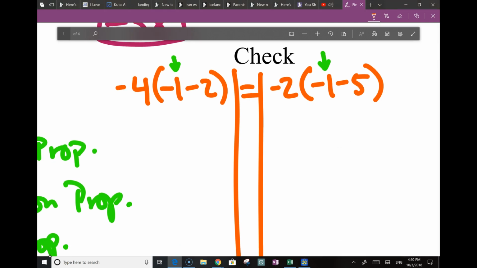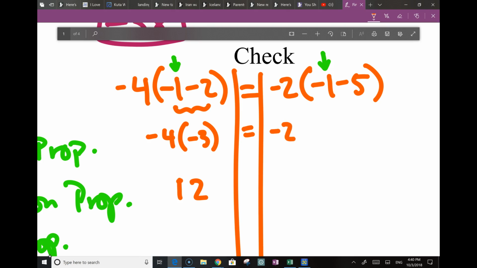So I go in the parentheses and I put these together, and I get -4 times -3, which is positive 12. Okay. On the right side, I have -2, and these two together will make a -6. And look at that, -2 times -6, positive 12.